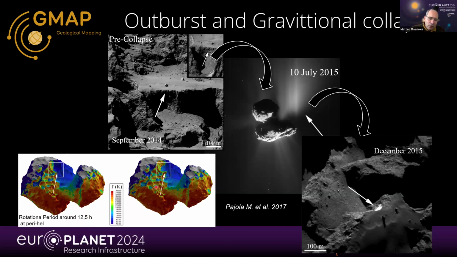And these colors show the different temperatures that the different regions of the comet experience during the rotation. At the point where the outburst came from, we have a change in less than 12 hours of the temperature from something like 80 Kelvin or even less, to something which is 360 Kelvin. So we have an impressive temperature difference.